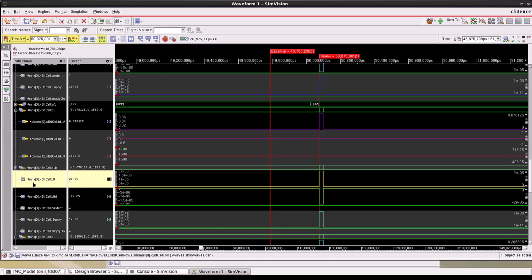Here, for example, row 0, column 0, the content was a 1. The value being driven in was a 2. And so we get a positive 20 microamp current flowing out of the bit cell onto that bit line.